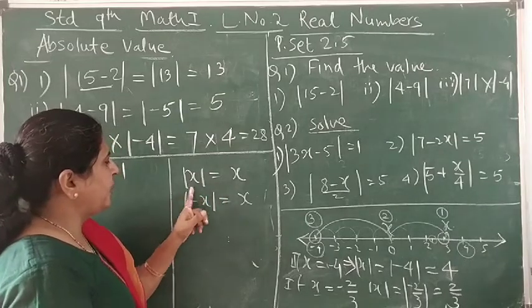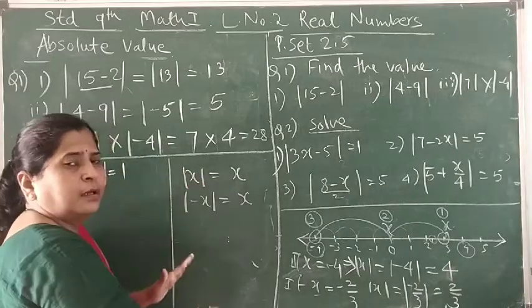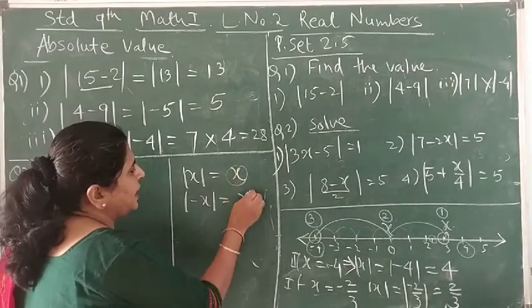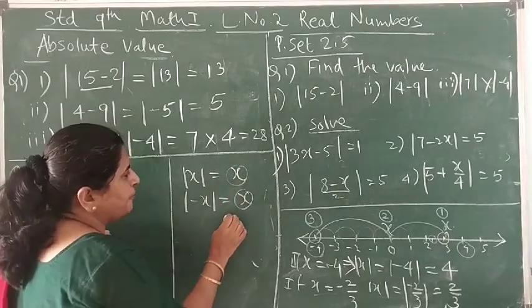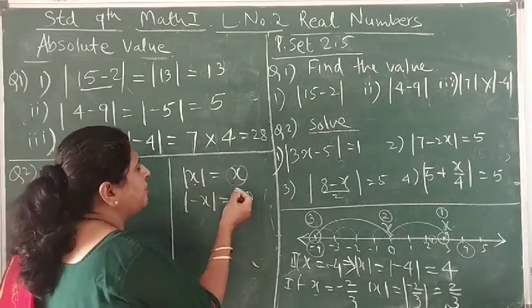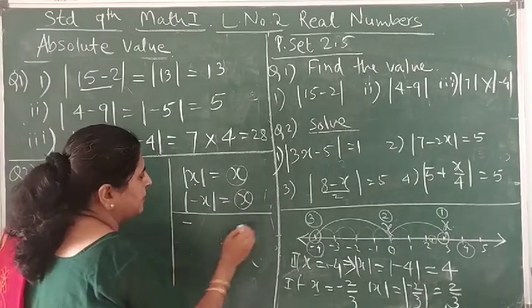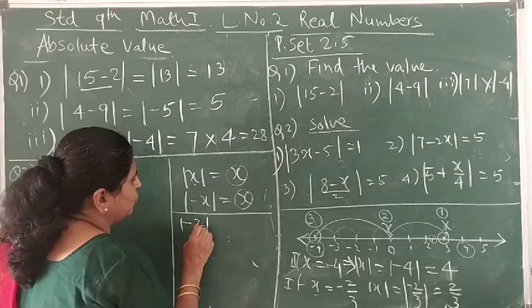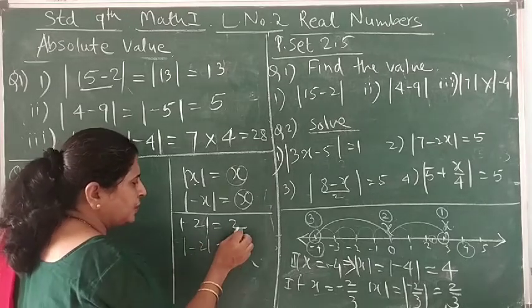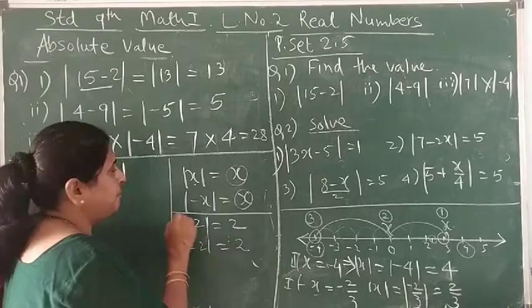So when we have a variable between the two vertical absolute value lines, then the expression can be either positive x or negative x. How can we write this? If I take numbers, the absolute value of plus 2 is 2 and the absolute value of minus 2 is also 2. So when we remove the absolute value sign, it can be either plus 2 or minus 2.